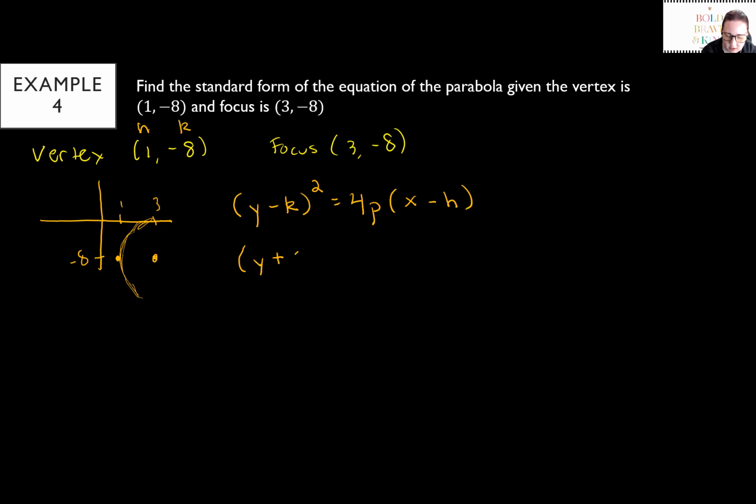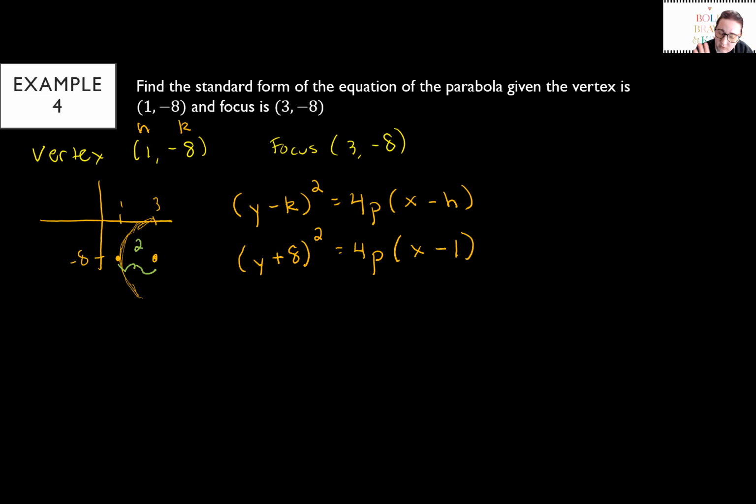So that becomes (y plus 8) squared equals 4p times (x minus 1). And so we need to figure out what p is. And so there's 2 ways you can do this. You can do this based off of the picture and knowing that p is the distance between these 2 points. So that is 2 when you're looking right there.